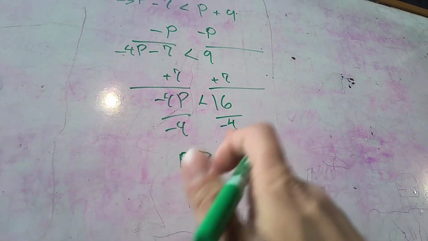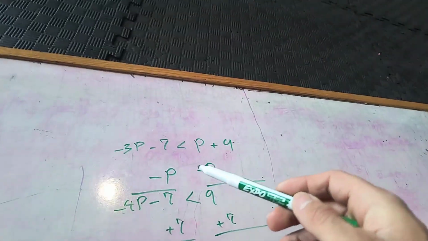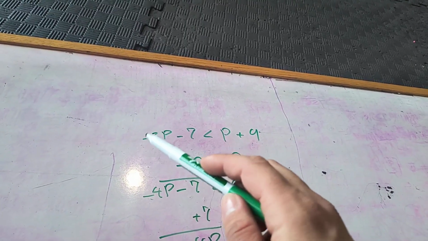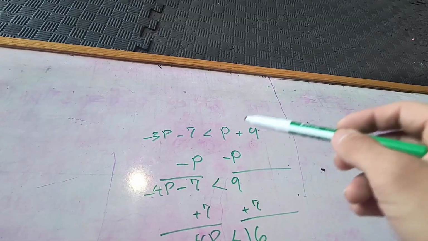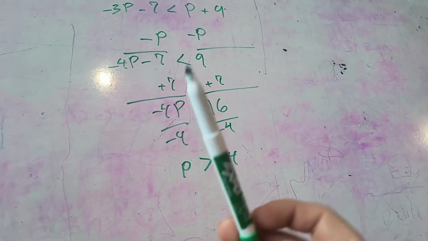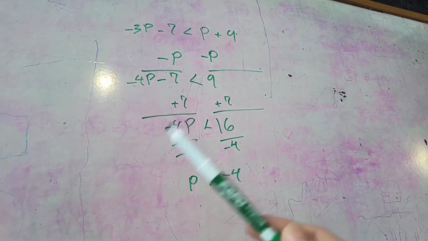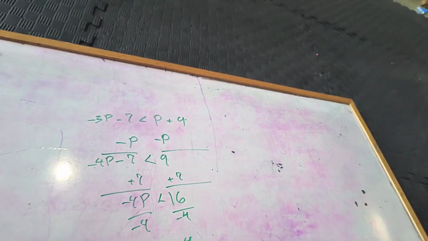That's what we'll get at the very end. And what this is basically saying is that for this statement to be true, that negative 3p minus 7 is less than p plus 9, p has to be greater than negative 4. That's what this is saying for this statement to be true.